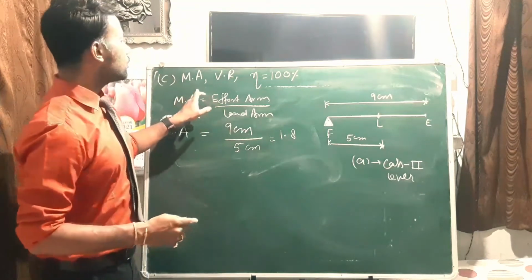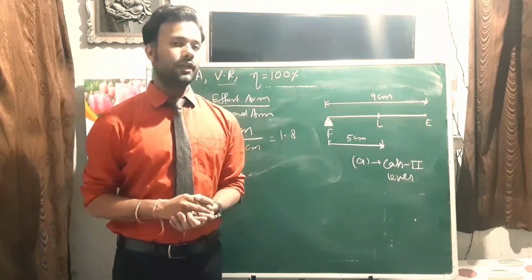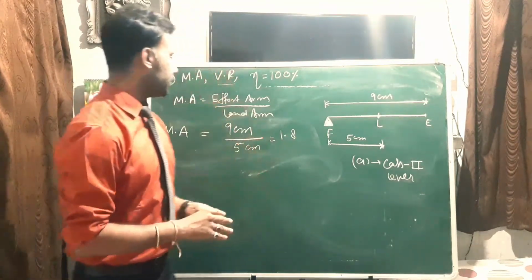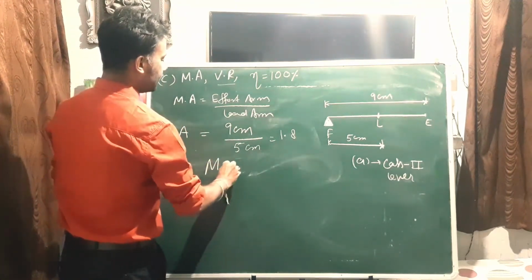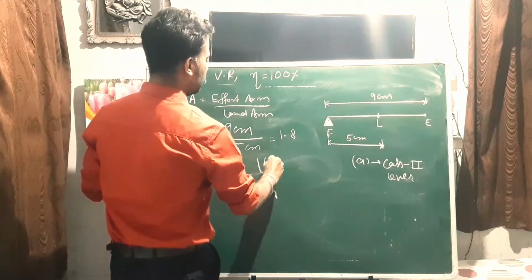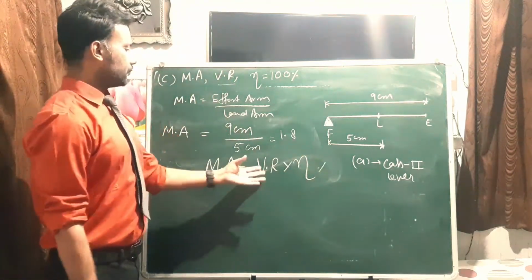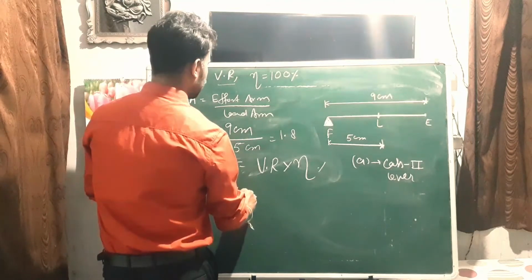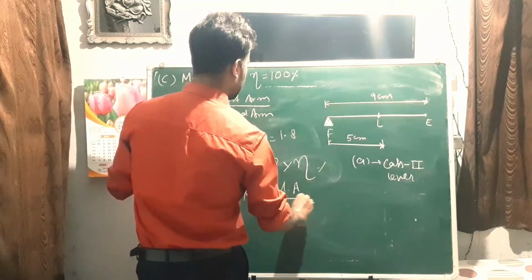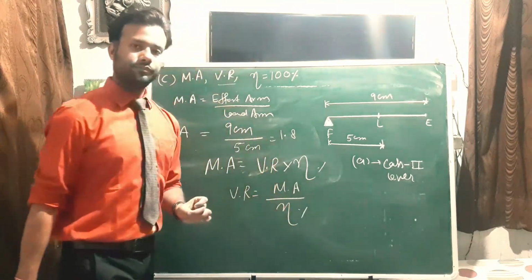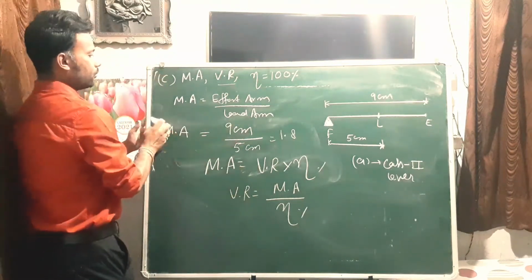Now in this case, we also have to calculate the velocity ratio of this lever if the efficiency is 100%. Now what is the relation between the mechanical advantage, velocity ratio and the efficiency? The mechanical advantage is equal to velocity ratio into efficiency percentage, right? So from here we can calculate the velocity ratio. So velocity ratio is equal to mechanical advantage upon efficiency percentage. So let's solve it. Okay, MA is 1.8.